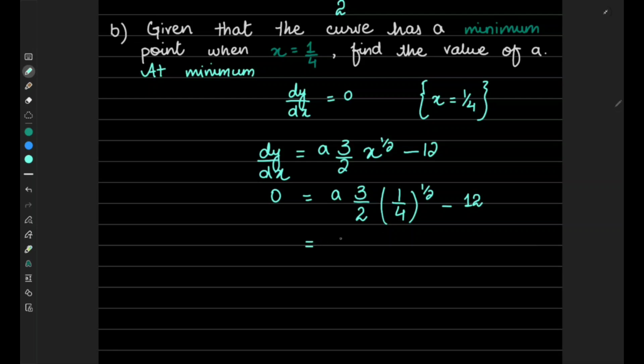So you'll be having 3 over 2 a, 1 over 4 under the root will give you 1 over 2, minus 12 equals 0. So this will give you 3a over 4 minus 12 equals 0.